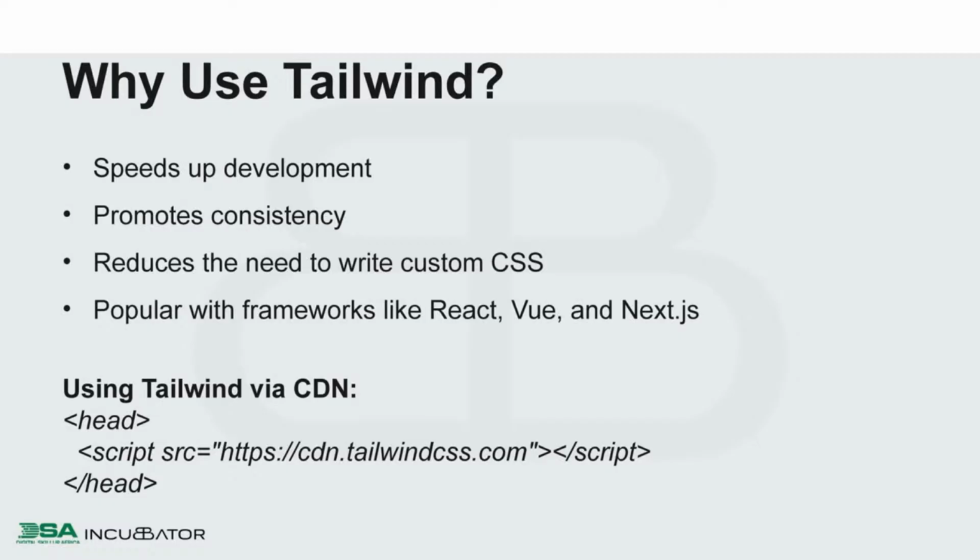So why use Tailwind? It speeds up development, promotes consistency, reduces the need to write custom CSS, and is popular with frameworks like React, Vue, Next.js, which you guys will be exposed to tomorrow. So for our class tomorrow, we'll be introducing you to one of all these frameworks, maybe React, maybe Vue, maybe Next.js. But like I said, nothing stops you from exploring with others, even if we decide to expose you to just one.